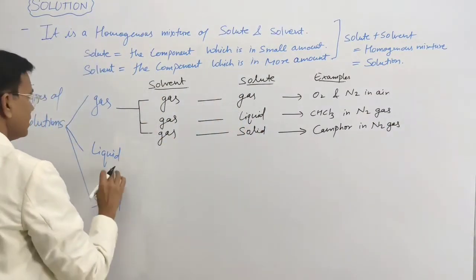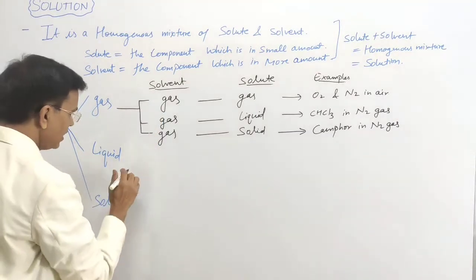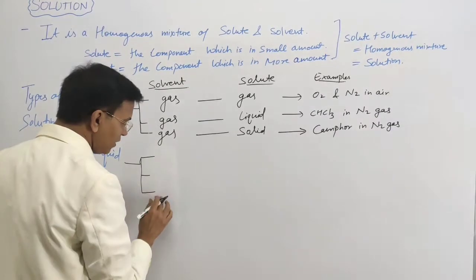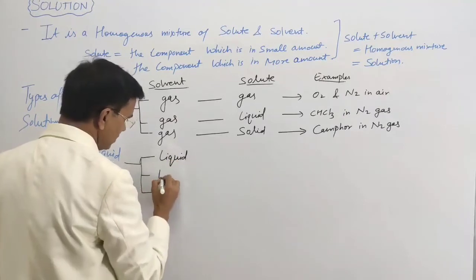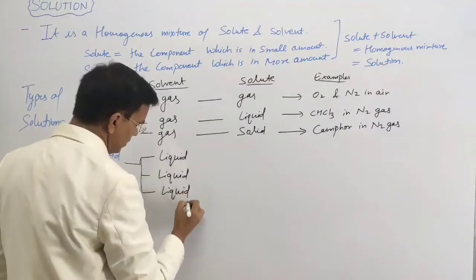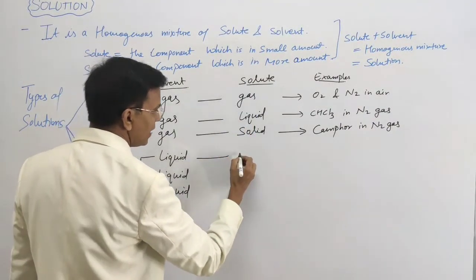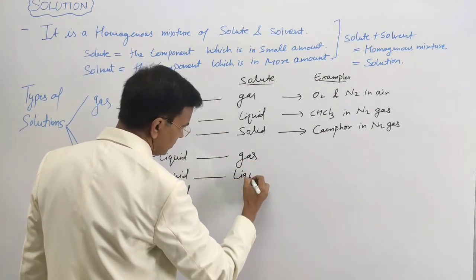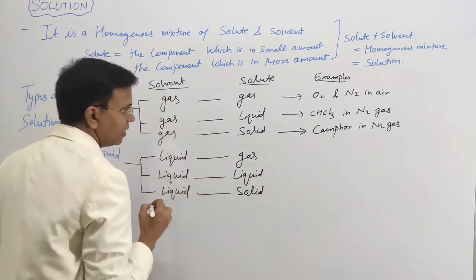Now if the phase is liquid, that means the solvent will be liquid. So three phases will be there, and in all the three it will be liquid. Now the solute may be gas, liquid or solid.